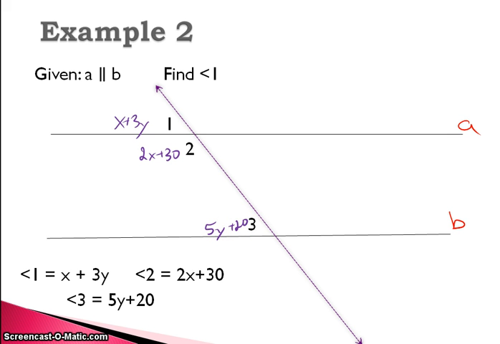We see angle 1 and angle 2 form a linear pair, so they are supplementary, which means we can add them up and equal it to 180. I see that angle 2 and angle 3 are both on the same side of the transversal and both on the interior, so in this case they are also supplementary.